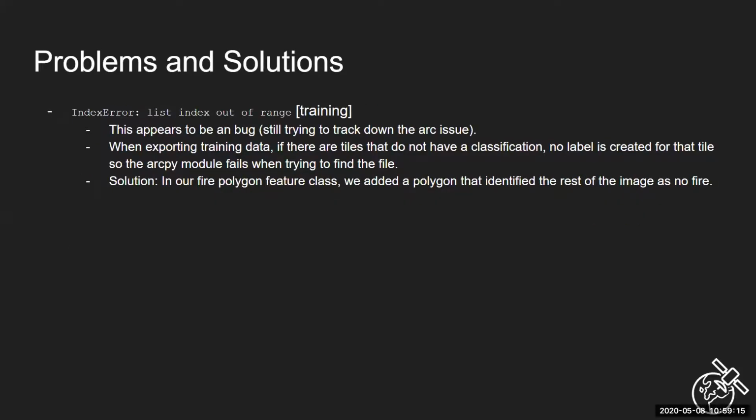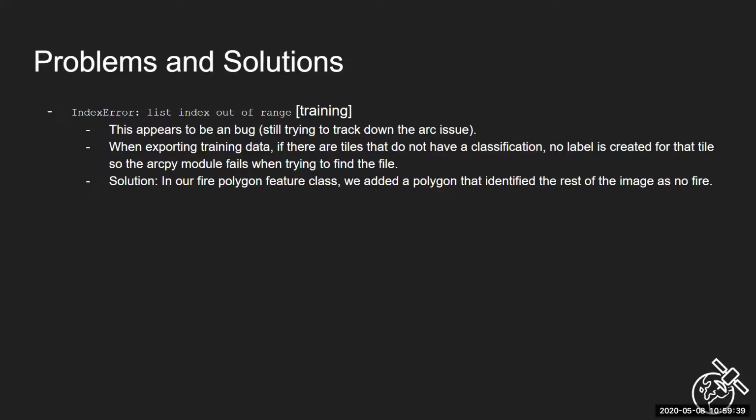And then there's this really frustrating index error, list index out of range. It appears to be a bug. I saw an issue made by the Esri people, but I need to track it down. When you're training your data, it's looking for the image and it's looking for the labeled raster.